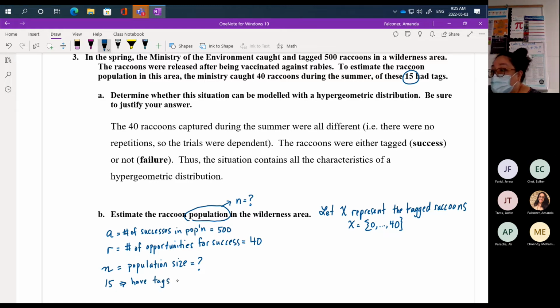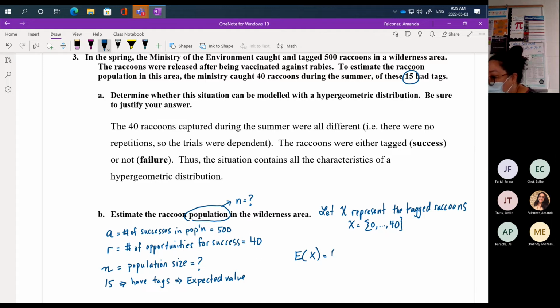And that's going to be the average, or the expected value, because this formula can tie everything together. So what would we expect to find when we have 40 opportunities for success and we find these 15 actual successes?